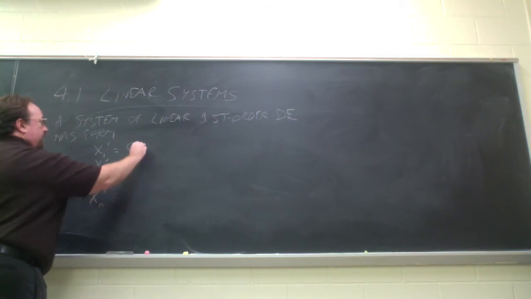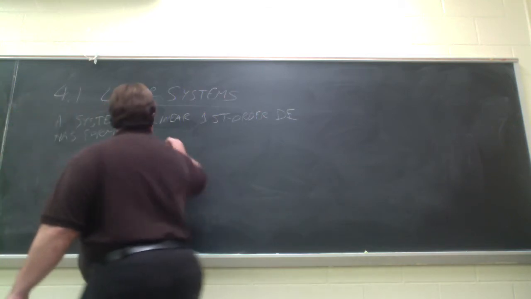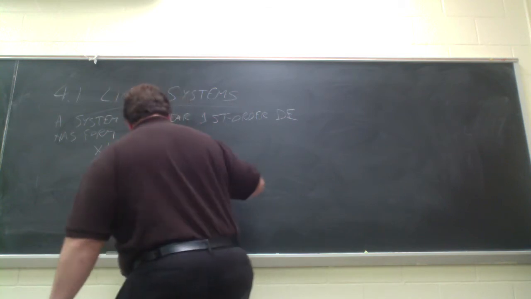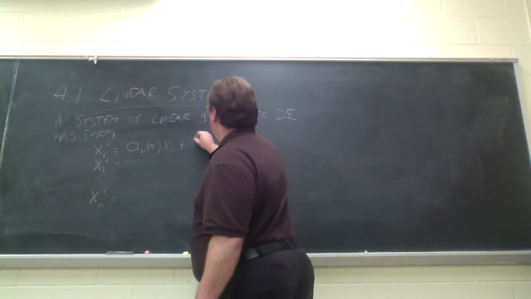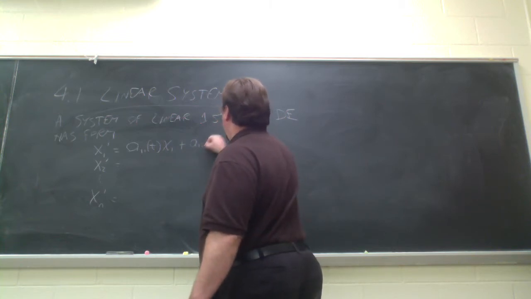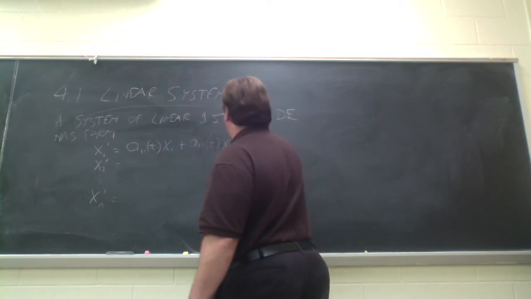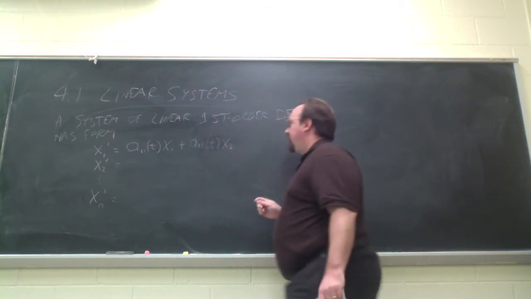And on the right side, we have coefficient functions times each of these variables. And it's just a variable by itself, x1. You cannot have x1 squared or e to the x1 or anything like that. These coefficients, the a's, can be any functions of only t.